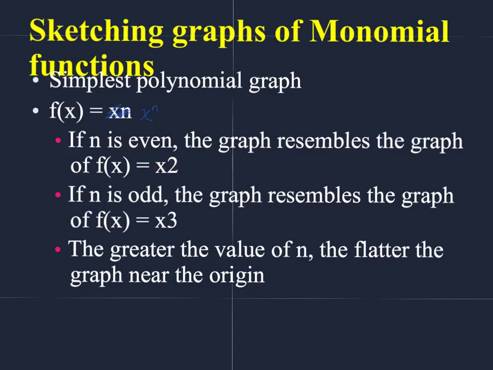This should say x to the second power. And if n is odd, the graph resembles the graph of your cube function. This should say x cubed. This is an important note: the greater the value of n, the flatter the graph near the origin.